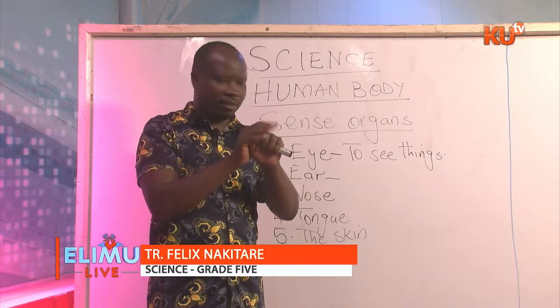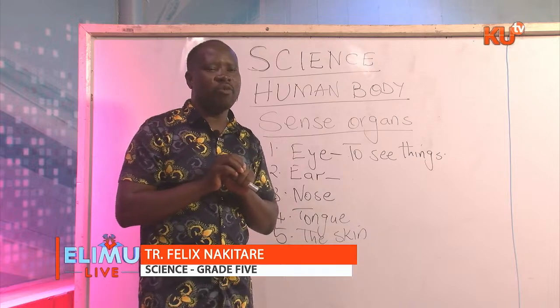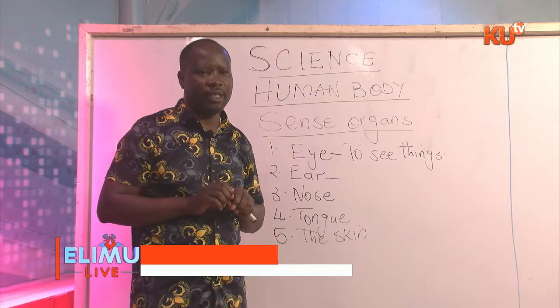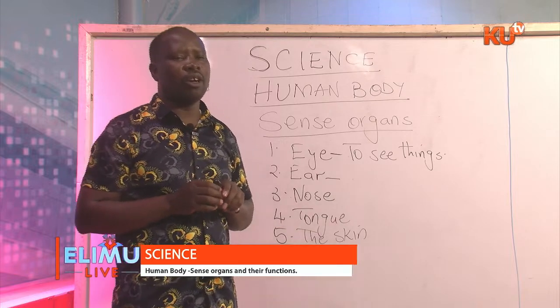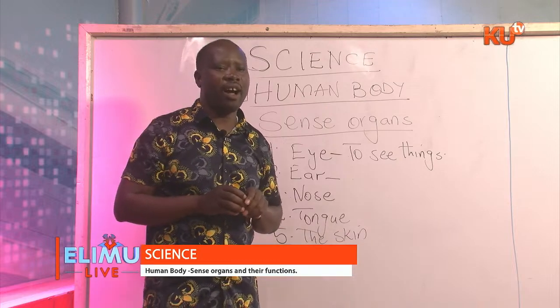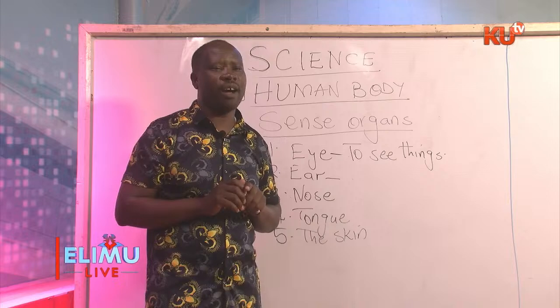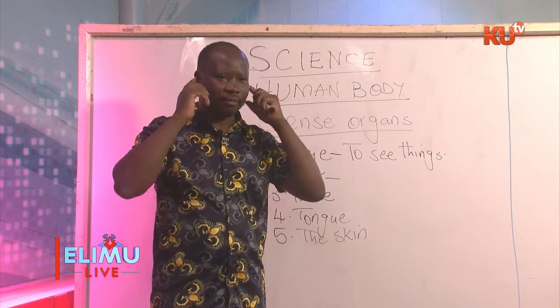When I do like this, you will uncover or remove what will be blocking your ear. So we start. I want us to close or cover our ears for 30 seconds.